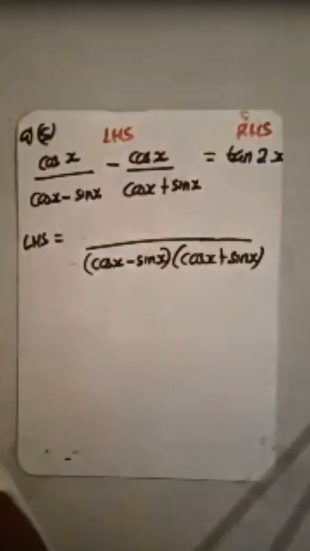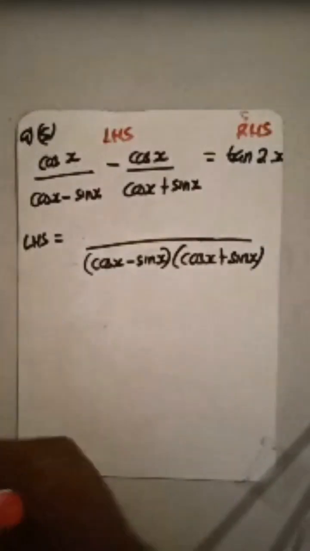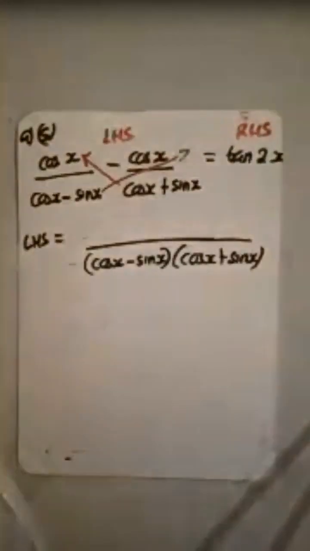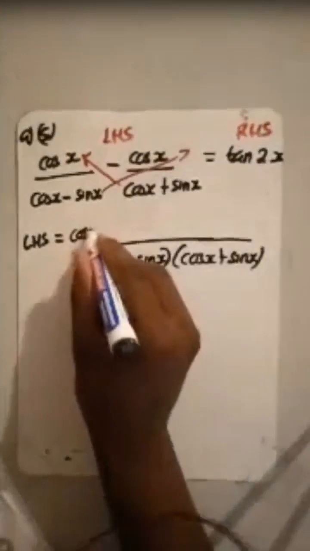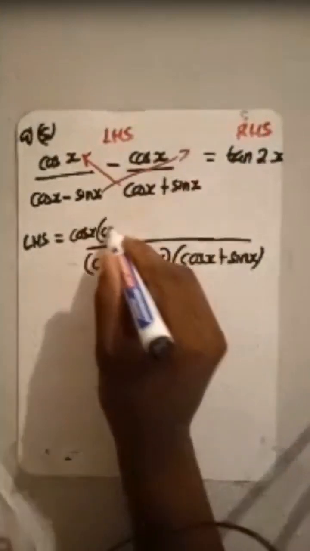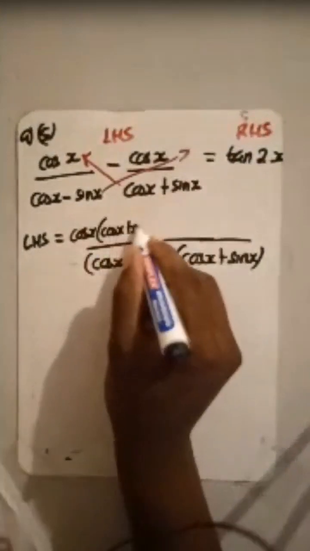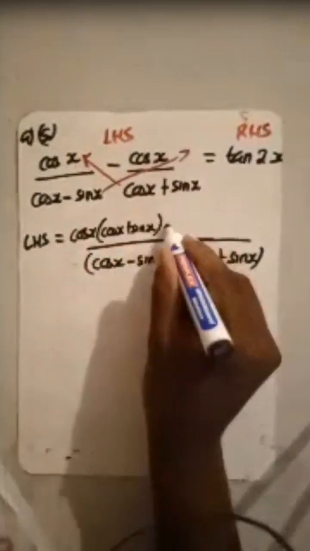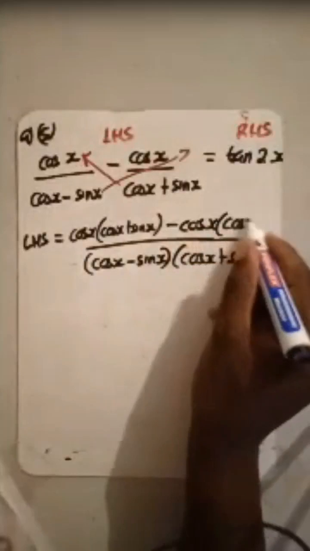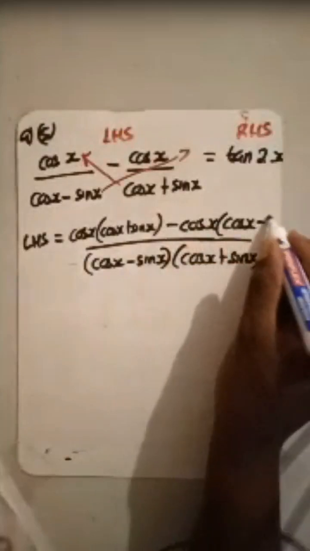Then I do cross multiplication, which gives me cos x into cos x plus sine x, then minus cos x into cos x minus sine x.